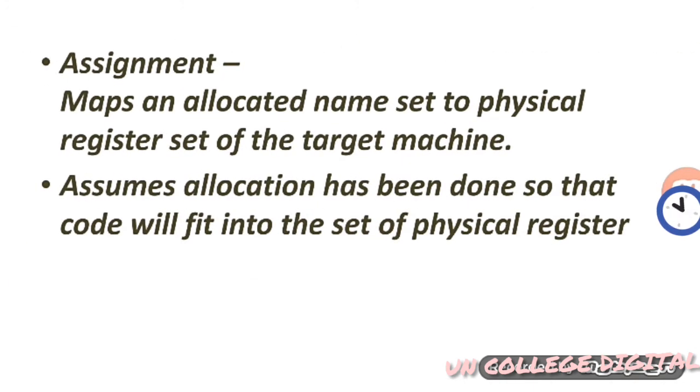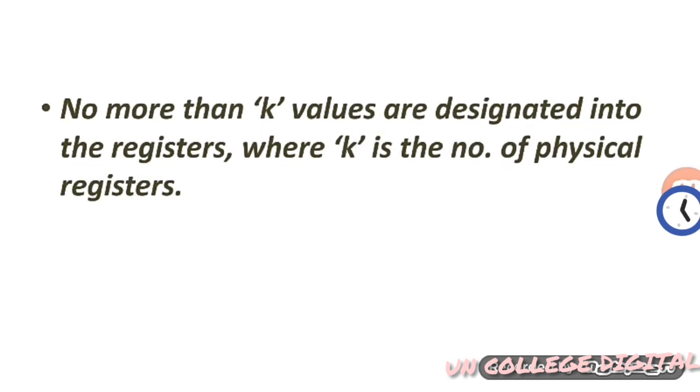Now I am going to discuss register assignment. It maps an allocated name set to the physical register set of the target machine. It assumes allocation has been done so that the code will fit into the set of physical registers. No more than k' values are designated into registers, where k' is the number of physical registers.